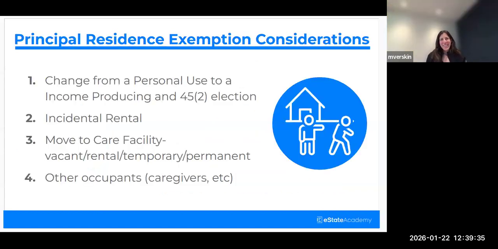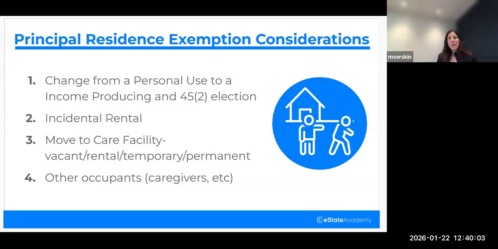Some other considerations. As life changes, sometimes the use of a property changes. So it could be that somebody has a home that they're using personally, and they decide, you know what, we're going to move to a different property. We're going to hang on to this original home, and we're going to start renting it out. When you go from a personal property to an income-producing property, for tax purposes, you have a deemed disposition, and that is taxable.